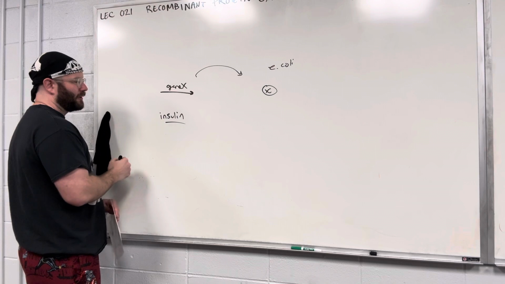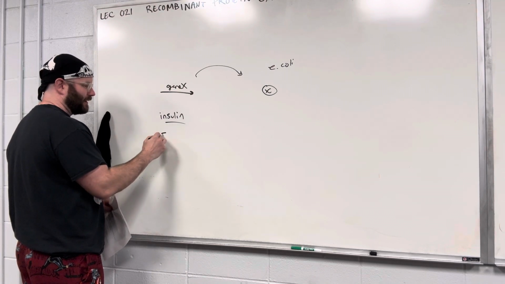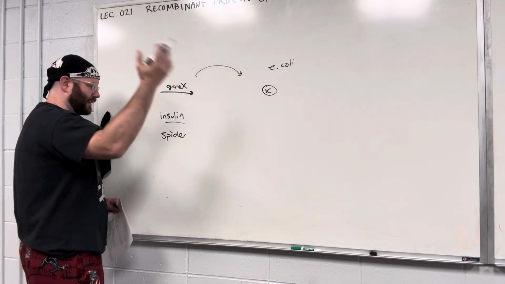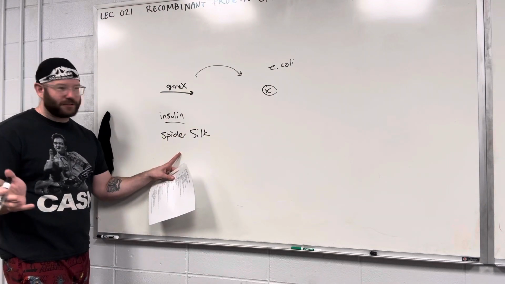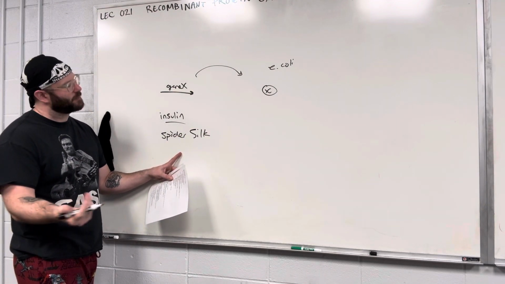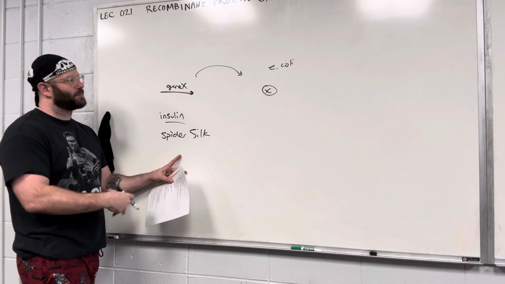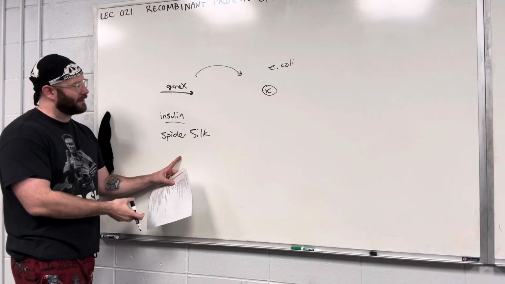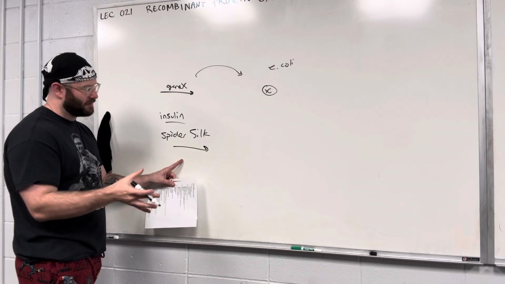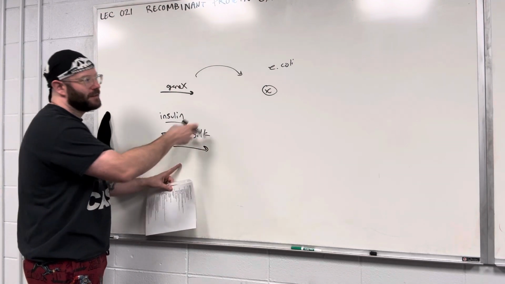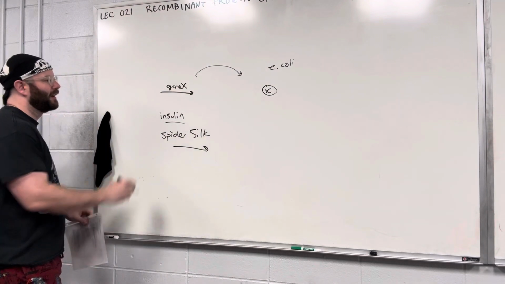That's one example. Another example, if you look back in the lectures, is spider silk. They're taking genes that encode the silk from spiders, and they want to mass produce spider silk to make clothing out of. One of the first things they tried is moving these genes that encode the major spidroin spider protein into expression plasmids in E. coli. That's another example.